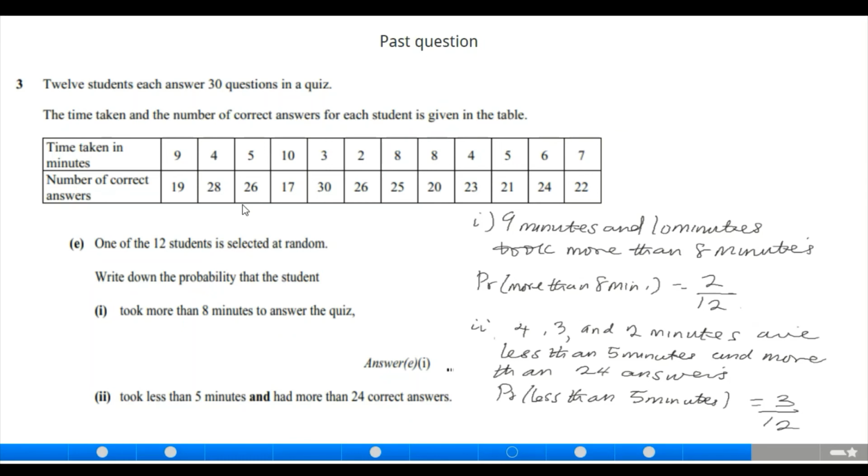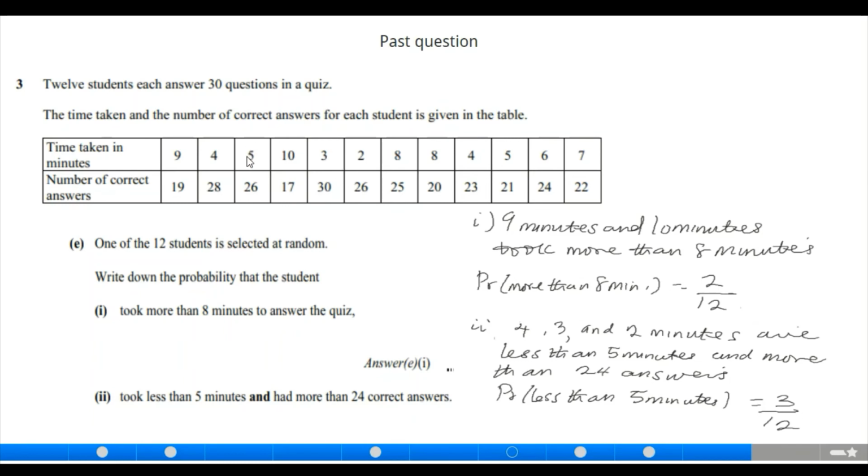Our target for time is 4, 3, 2, 1, and for questions it is 25 upwards. So let's check. Under 4 we have 28, under 3 we have 30, and under 2 we have 26. Anything after that is not okay. 7 is a no. So we have 3 students that used less than 5 minutes and answered more than 24 questions.